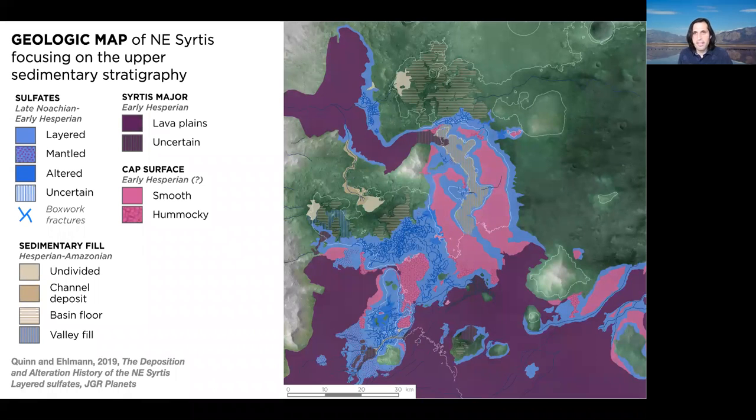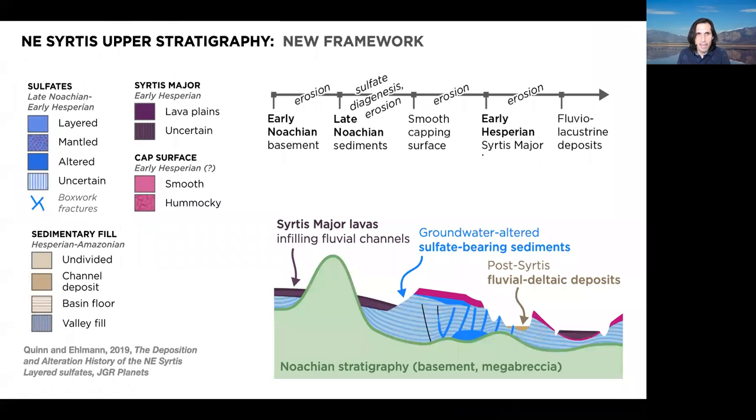And so this is just the products of that study, which are a geologic map, which we were able to do in great detail, partially because of these regional contextual products, and then a pretty detailed framework for the geologic processes and their timing. Some of it came down to the detailed observations, but a lot of it came down to the regional observations.